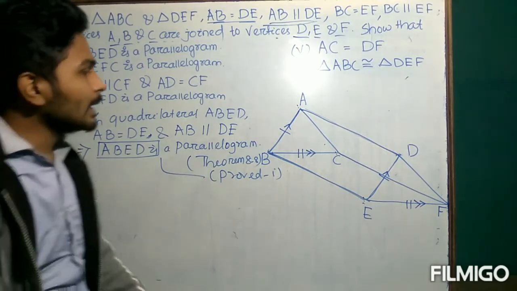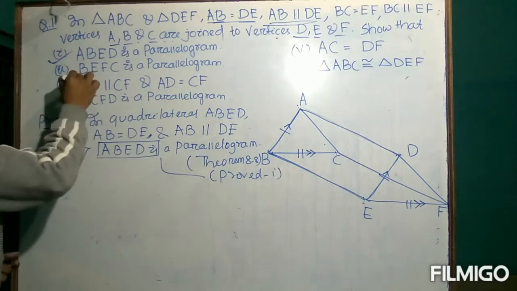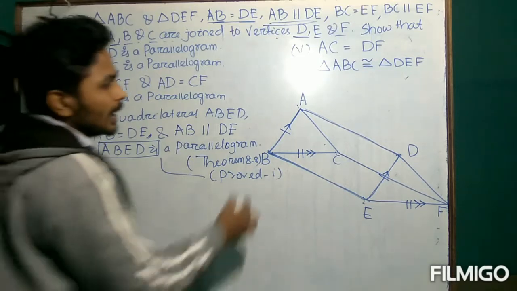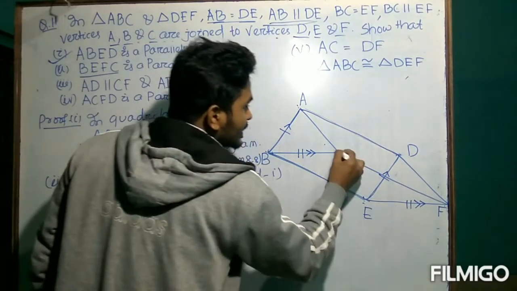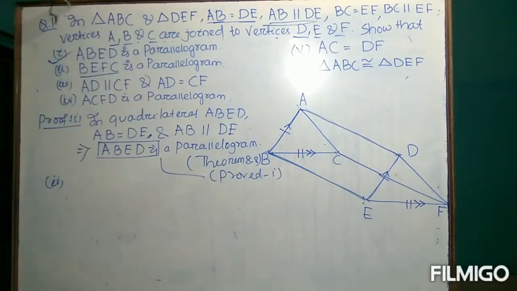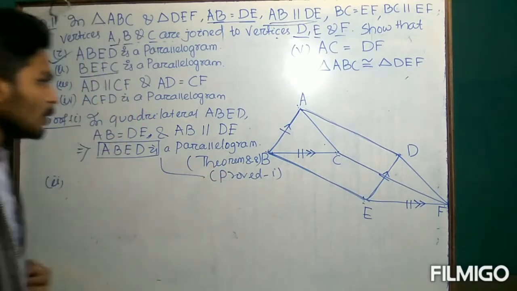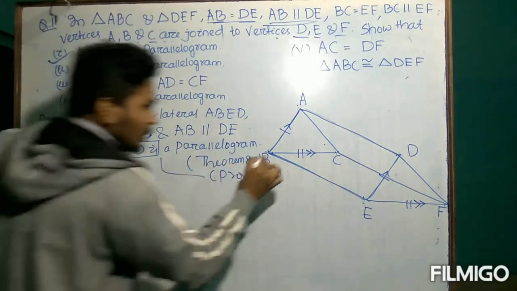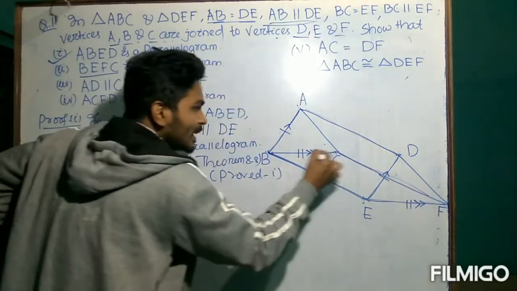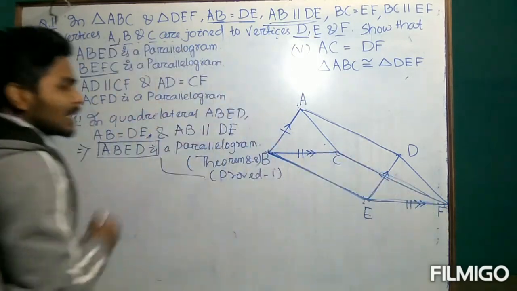How can we prove it? In the second statement we have to prove that BEFC is a parallelogram. Okay, we will prove it. So how? Already we know that BEFC is a quadrilateral.